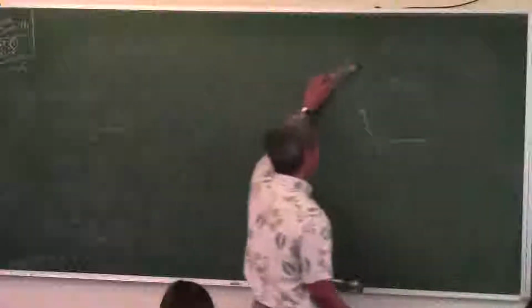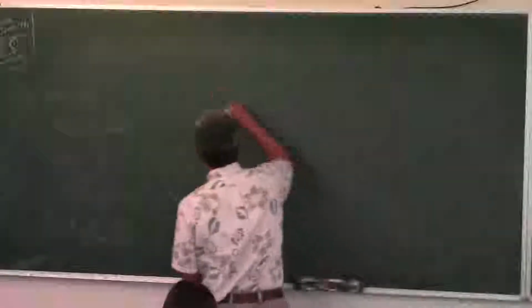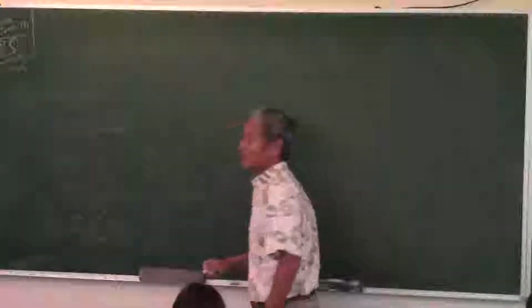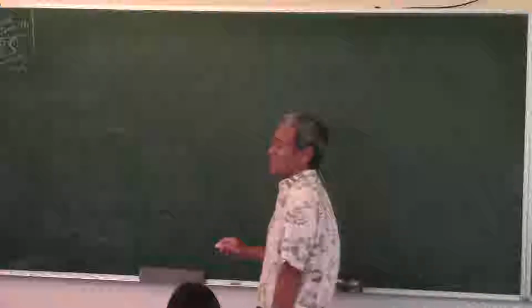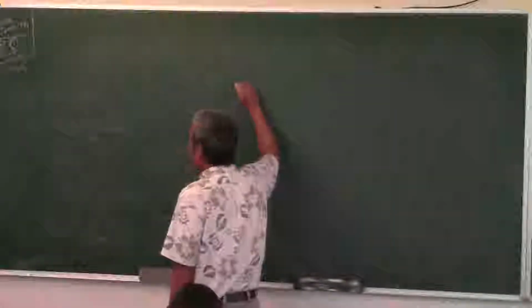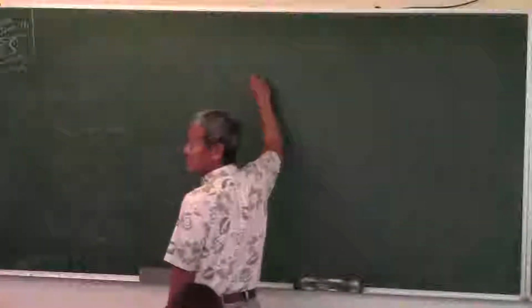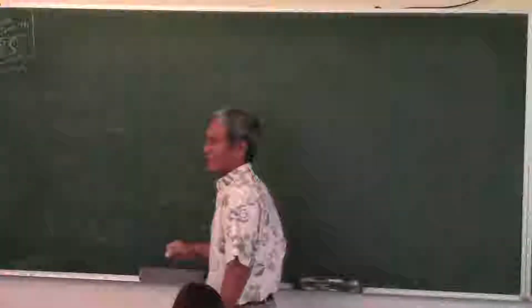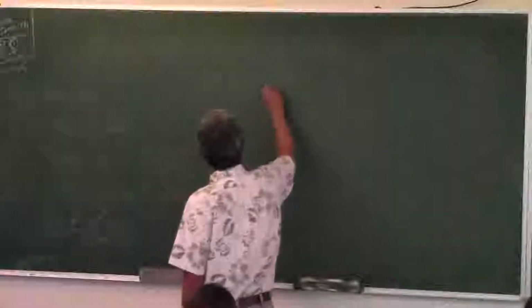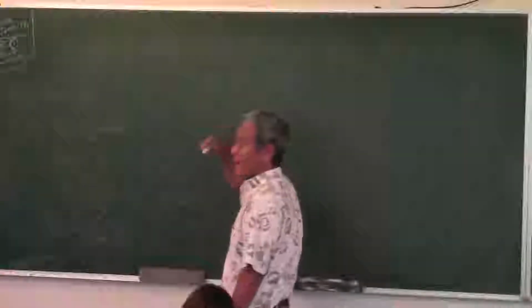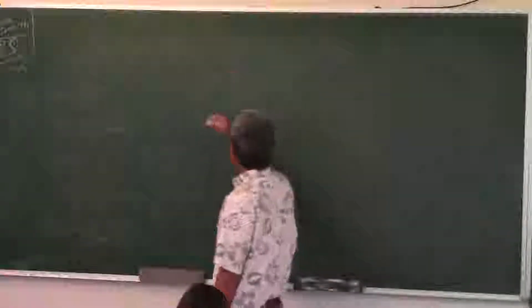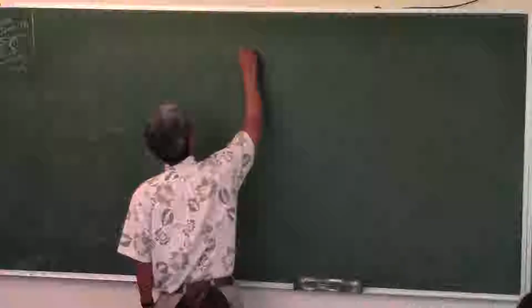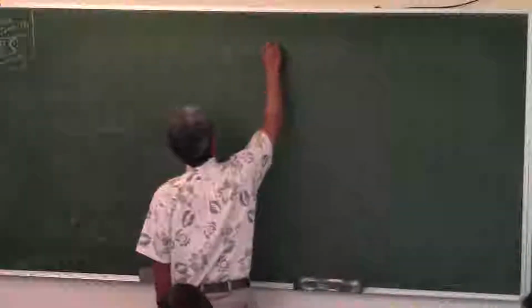Number 5. Oh, this is a good one. Okay, so we have f of x is equal to 2x plus 1 over 3x minus 2. Now it says, find g of x so that g of f of x is equal to x.